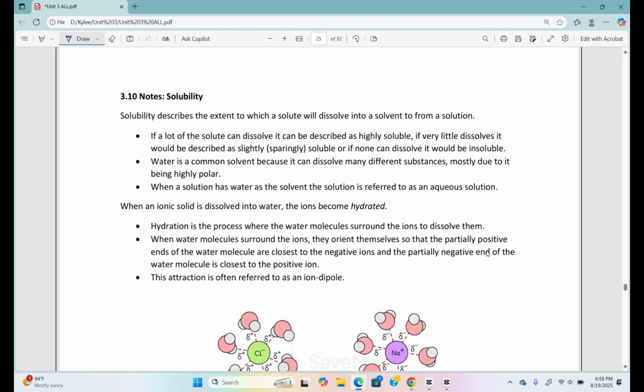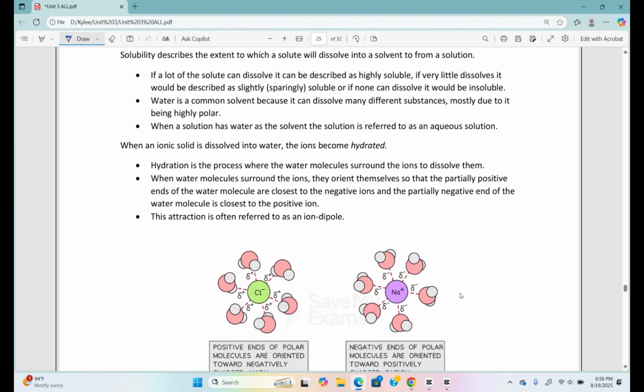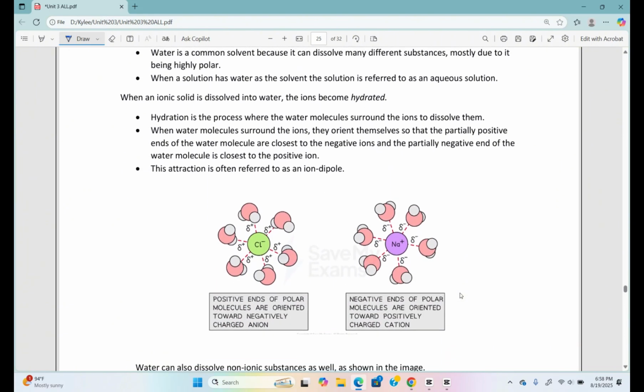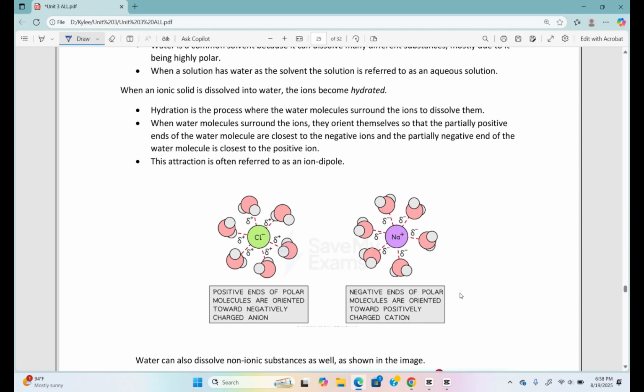Water is typically our solvent for most solutions in chemistry because it is extremely polar, and its polarity allows water to break apart ionic compounds very easily. In this diagram, we see that the water molecules are surrounding the ions in a very specific manner, called an ion-dipole interaction. The ion would be the sodium or the chlorine, the one with the charge, and water is the dipole.